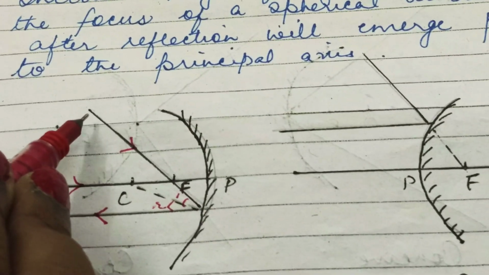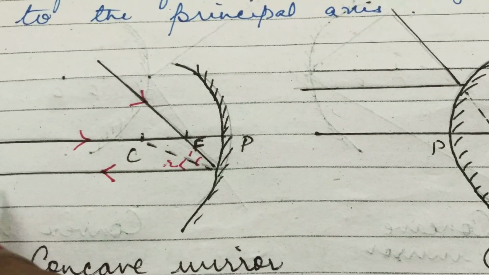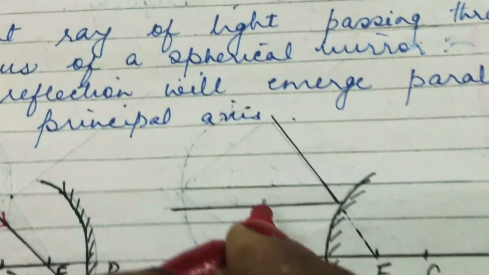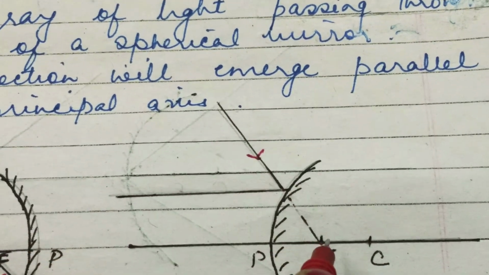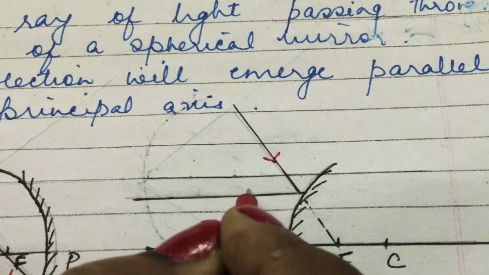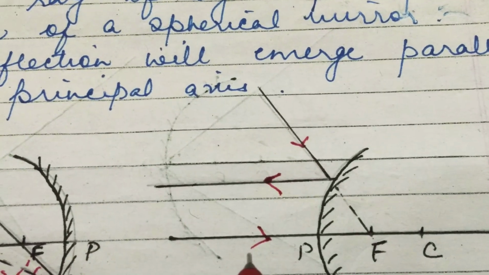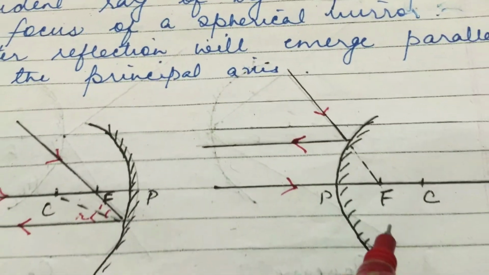In case of a concave mirror, when a ray of light passes through the focus, after reflection it becomes parallel to the principal axis. In case of a convex mirror, a ray of light directed towards the principal focus emerges parallel to the principal axis after reflection.